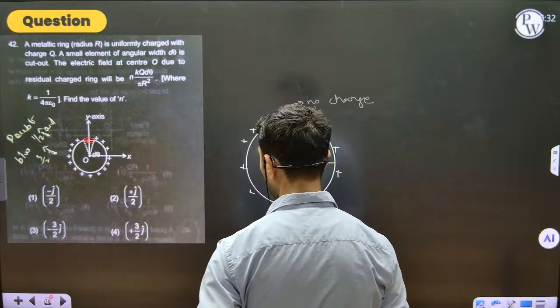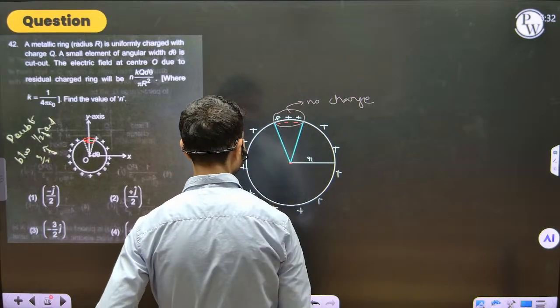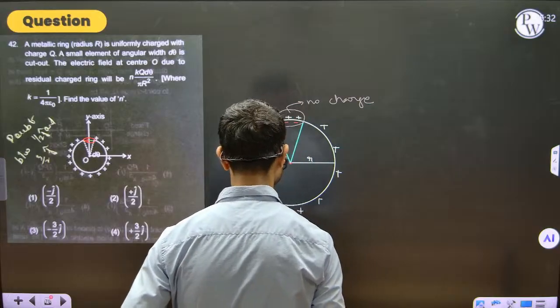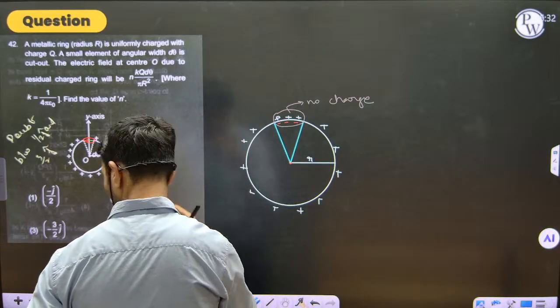So I want to find out the electric field at the center due to this entire combination, right? And how can I do that?